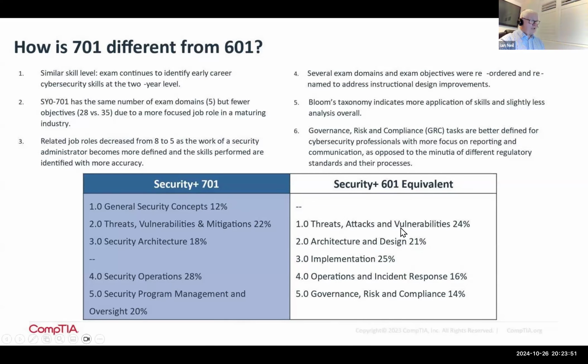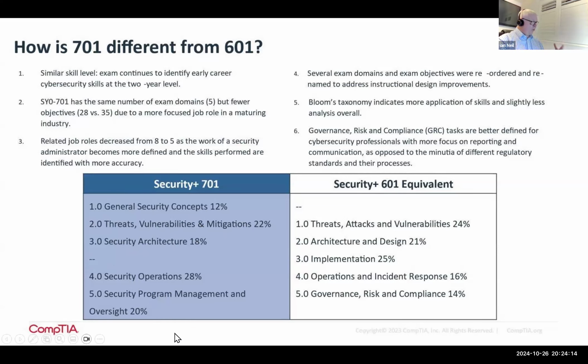The threats, attacks, and vulnerabilities has gone down to 22%. They've got general security concepts, and this is basically 4 modules. Threats, attacks, and vulnerabilities is 5 modules. Then you've got security architecture, which is about 4 modules.